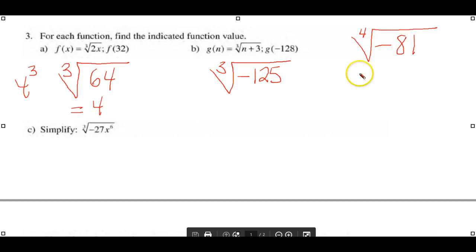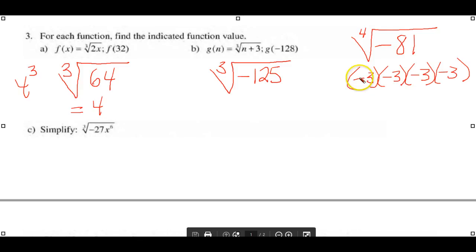Because now the 81 is a perfect fourth. If you multiply -3 times -3 times -3 times -3, that is, you're using this value 4 times, it's going to end up being a positive.